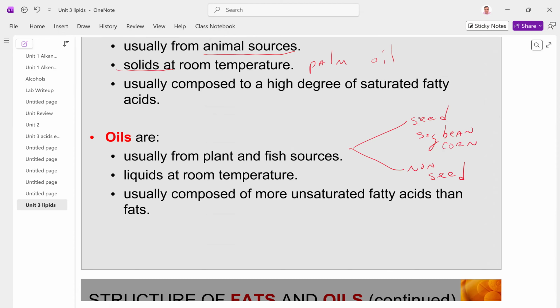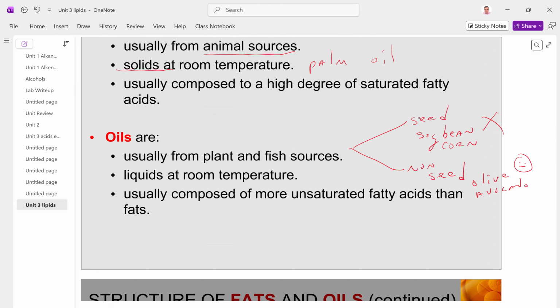Non-seed would be like olive or avocado. Okay. Stay away from those. These are good for you.